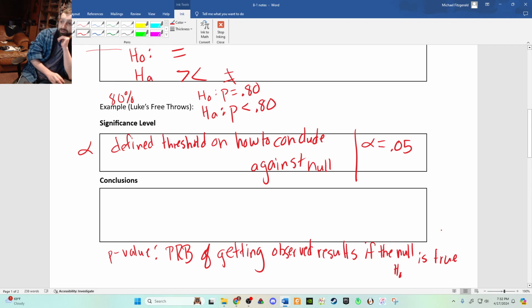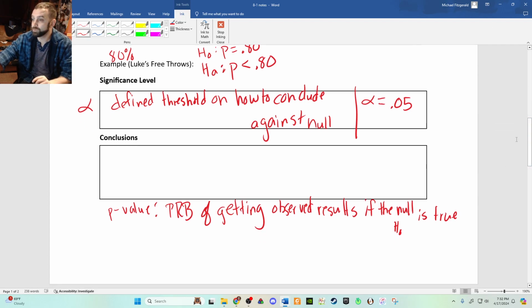So that's what the p-value is, which we got. We got a very low p-value. And that's what we compare to this alpha to make our conclusion. So we compare what is going on.